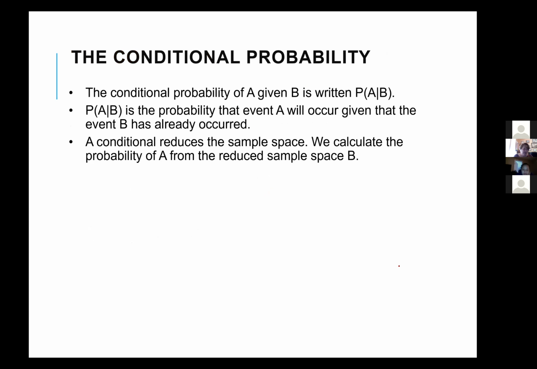Okay. Conditional probability. Conditional probability is the probability of an event occurring given another event has already occurred.